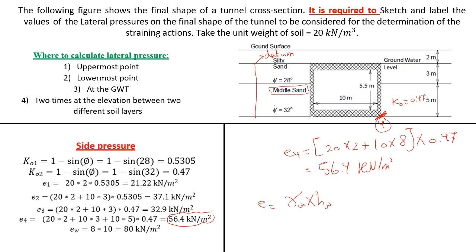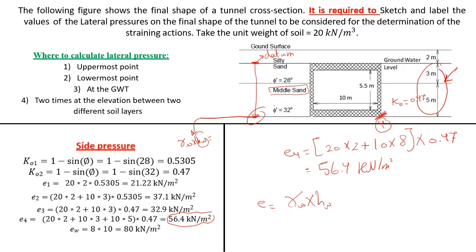you will use this datum to calculate and draw the water pressure. At the groundwater level, you have a water pressure of 0. However, at the lowermost point of your structure here, you will have a water pressure which is equal to gamma water by H water. So the value of H water is the depth of the point below the groundwater level. So you have here, this is the depth, 8 meter.